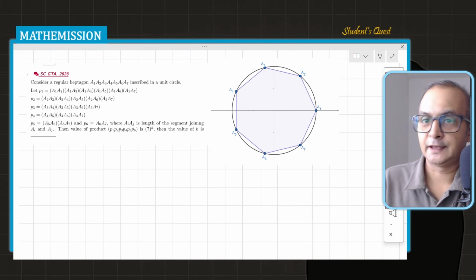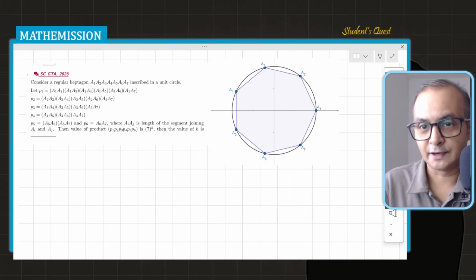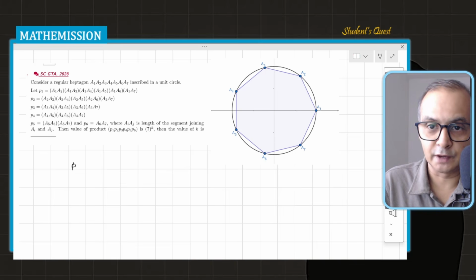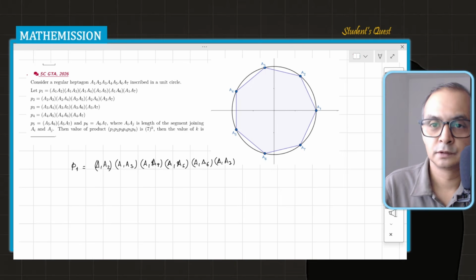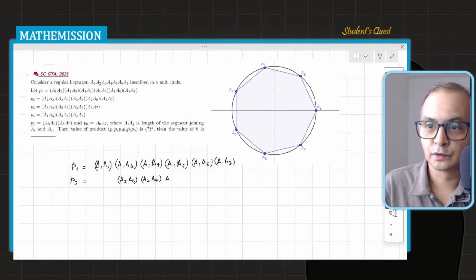So the thing is that the P1 is what? Let me write in a different way. So P1 I'm writing is A1A2, A1A3, so the idea is I'm writing in a different way just to give a very smart solution for that.